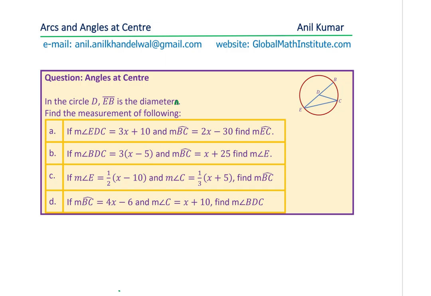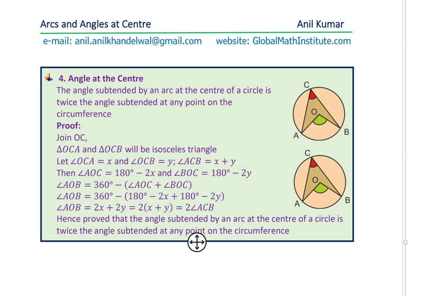Now, before we get into the solution, let's look into the concept. And the concept here is to look at the angles at the center. As the diagram shows, the angle at C, shown in red, is half of the angle at the center formed by the arc AB.